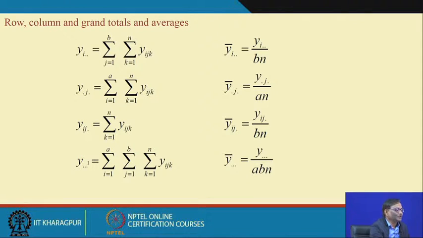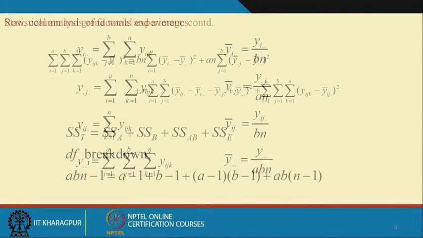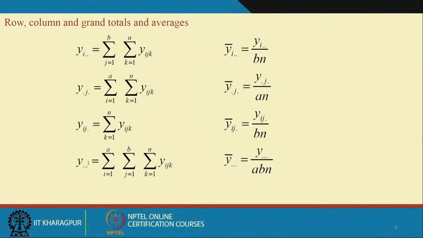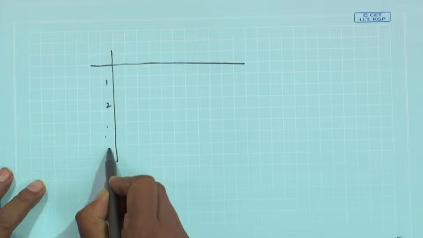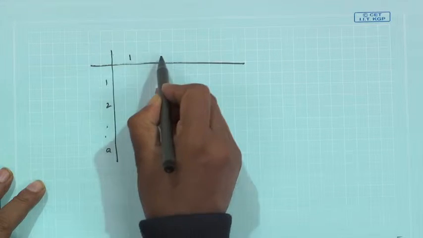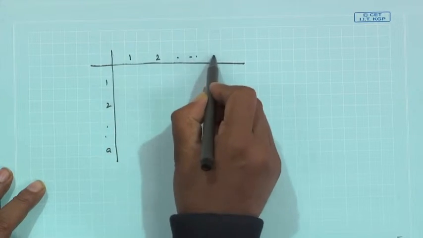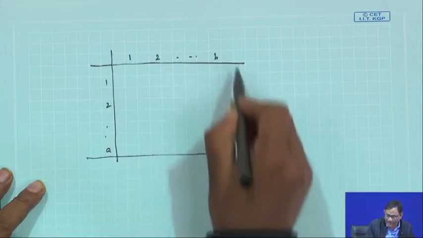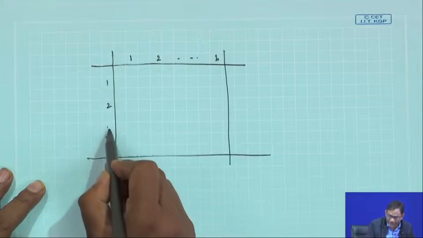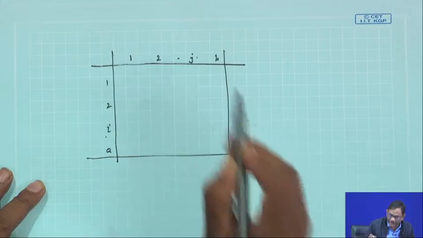With reference to our data, we have 1, 2, up to a rows, and 1, 2, up to b columns, with the ith row and the jth column.